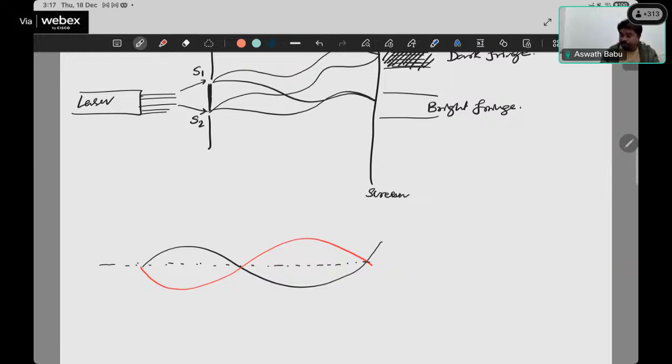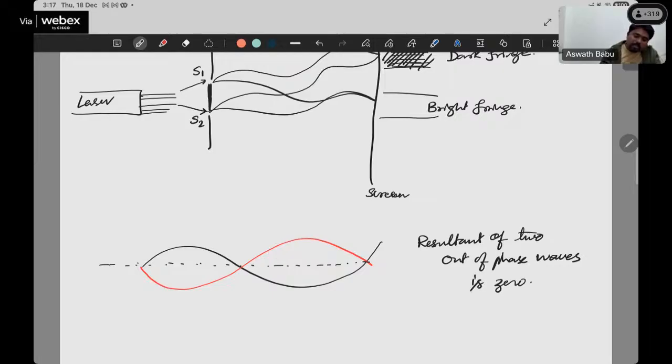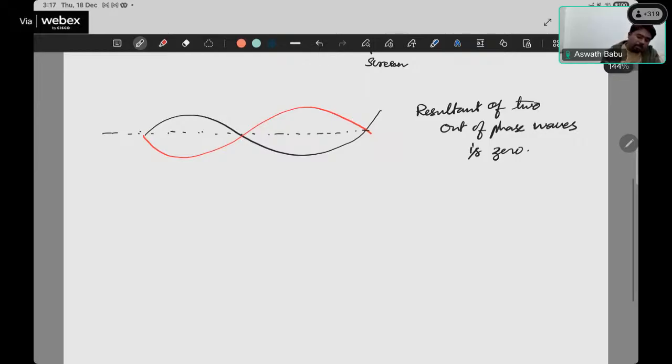They are out of phase. So the resultant of two out of phase waves is zero. This is destructive interference for you.